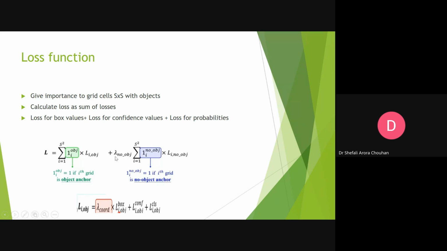But we are trying to add a penalty term and reduce the value that comes if there is no object, so we can lower that part of the value and give priority to the values which come if there is an object in the grid. The total loss that will be found is the coefficient we are keeping into the bounding box loss plus the confidence value plus the class loss due to the class probability.